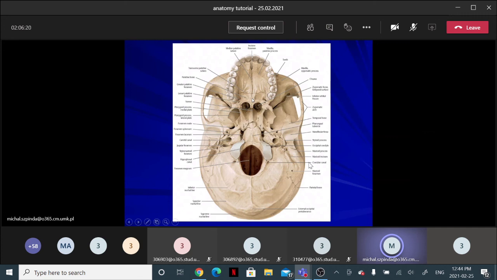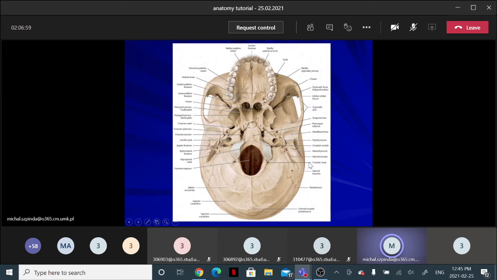In front, the median palatine suture starts with the incisive fossa. On its floor, we have two incisive foramina, leading to the nasal cavity on both sides of the nasal septum. And posteriorly, we can see a big foramen on either side.